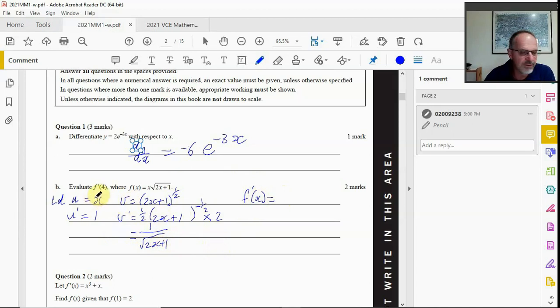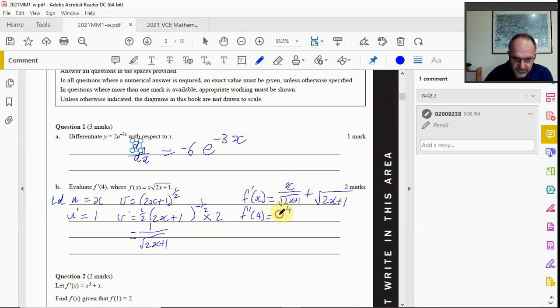So we've simply got u times v dashed, so that's x times this, so x over the square root of 2x plus 1, plus v times u dashed, and so I'm going to put it back in the square root form rather than the index form, the square root of 2x plus 1. All right, and now we need to put in the numbers because we want f dashed 4.